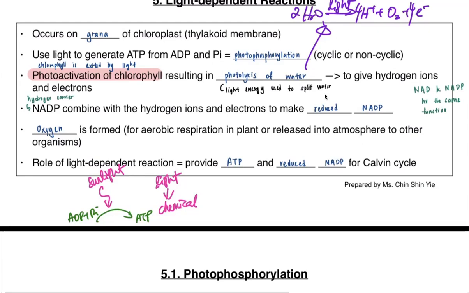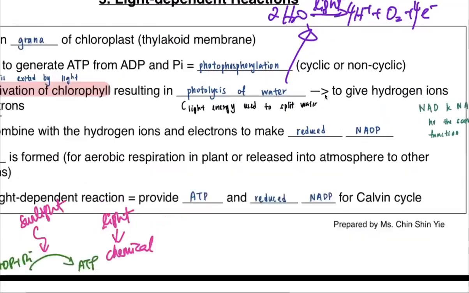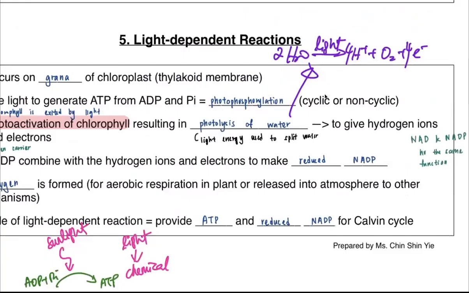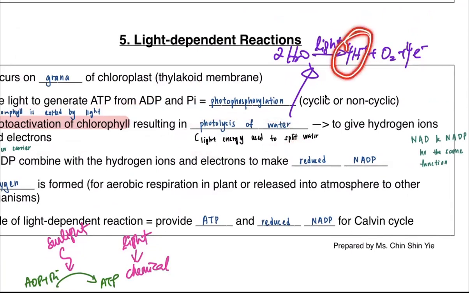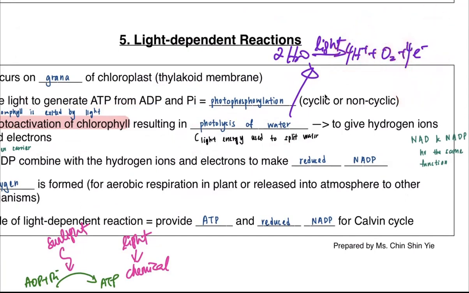Basically what happens in the case of chlorophyll is that when light energy is absorbed, that energy is used to split water into hydrogen ion, oxygen, and electron.